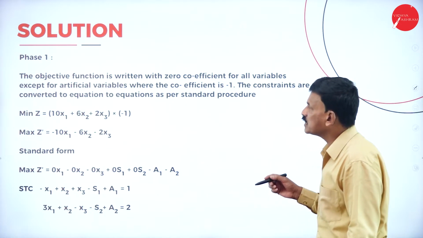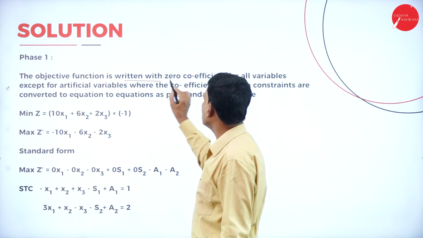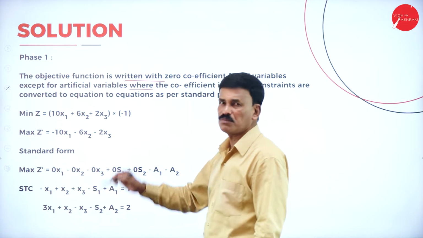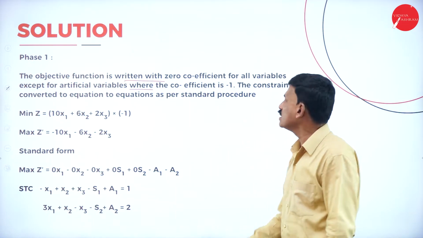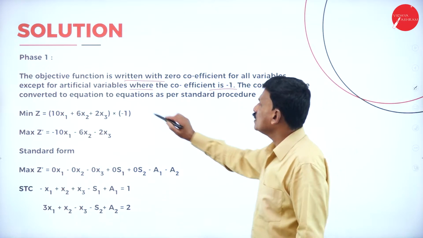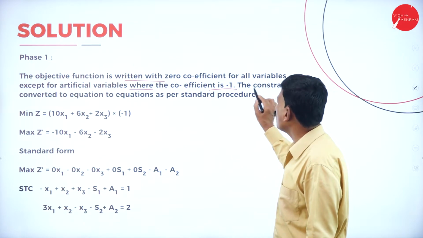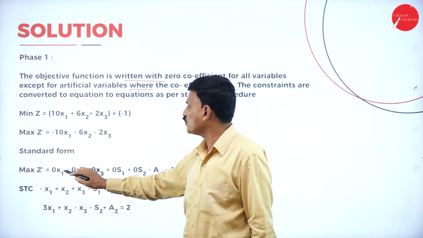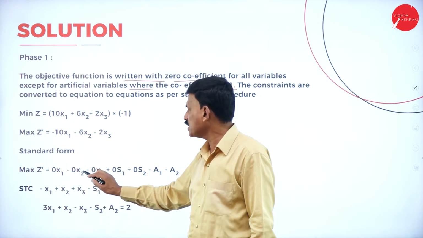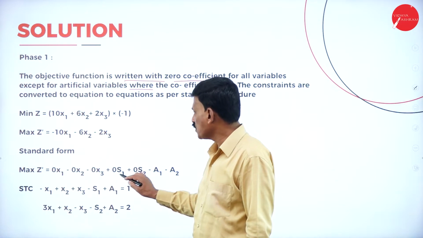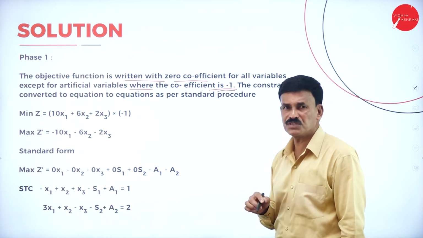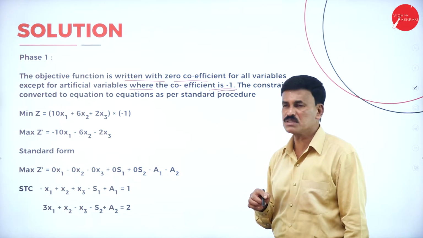This is very important: in phase 1, the objective function is written with 0 coefficients for all the variables except the artificial variables, whose coefficients are minus 1. Therefore, max z dash or z star is equal to 0x1 plus 0x2 plus 0x3 plus 0s1 plus 0s2 minus a1 minus a2.